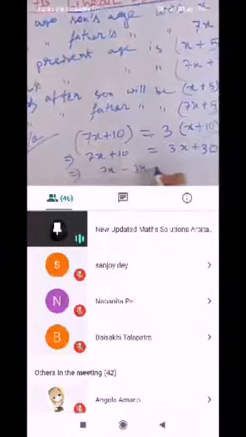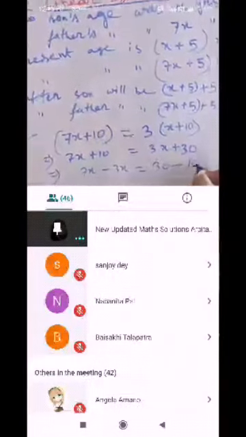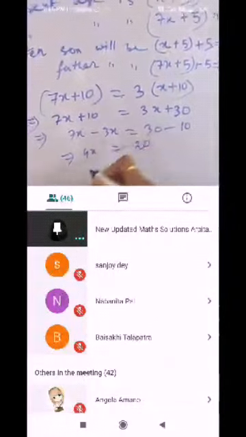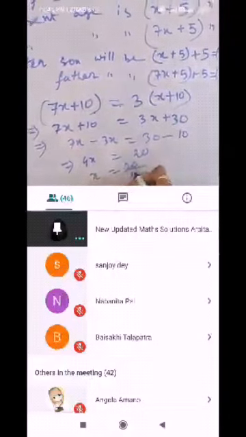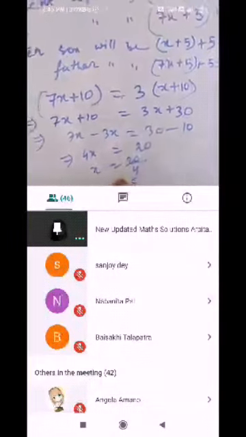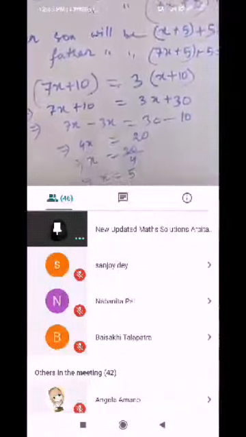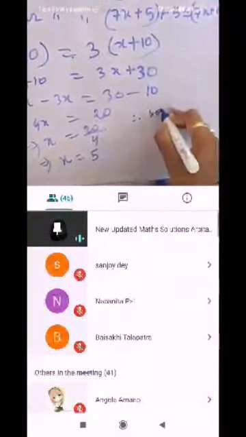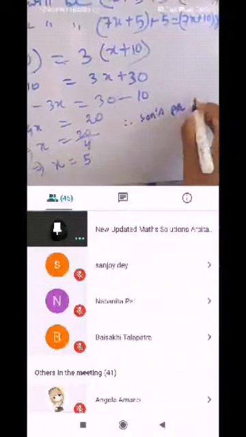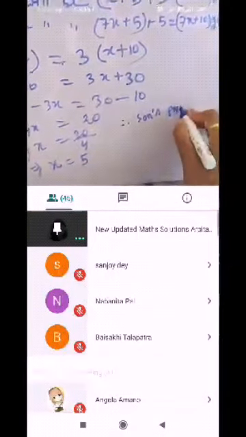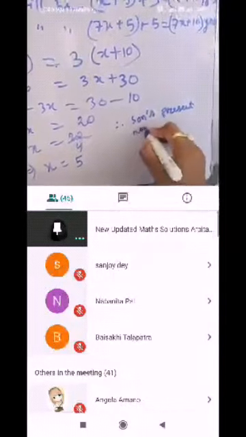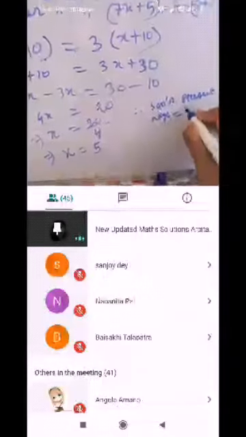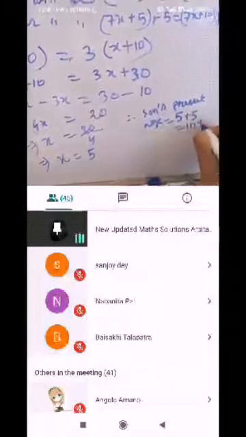7x minus 3x, then 30 minus 10, then 4x equal to 20, x equal to 5. Therefore the son's present age equals x plus 5, so 5 plus 5, that means 10 years.